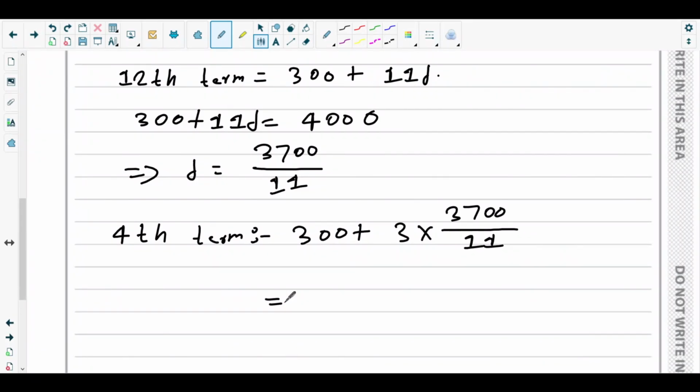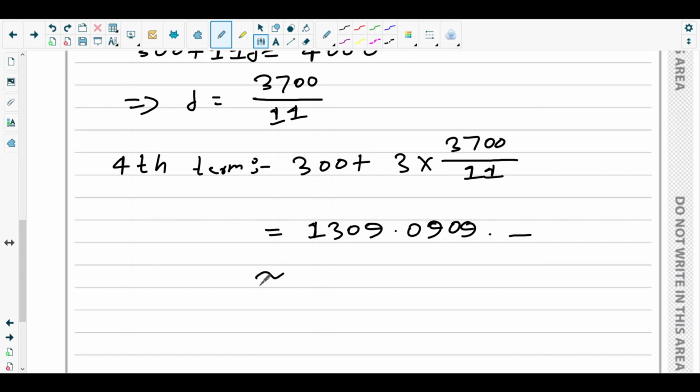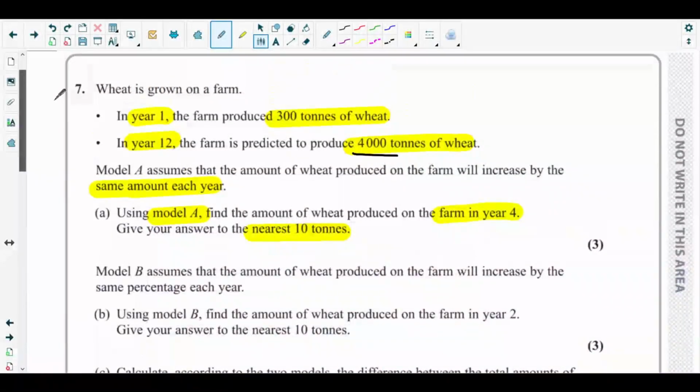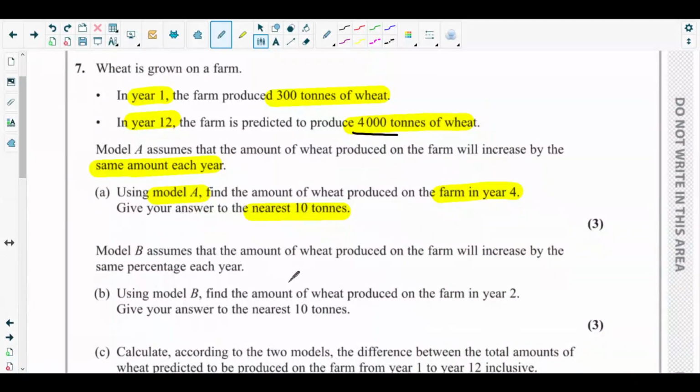This is basically 1309.0909, something like that. It keeps going. They wanted the nearest 10 tons, right? So 1310 tons. And this is what part A of question number 7 has asked for.